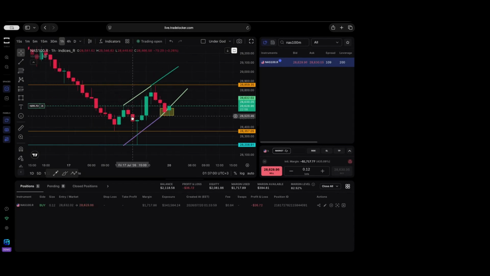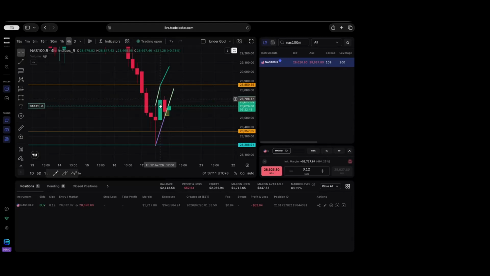And so the 1 hour gave me a lower high here and then it made a higher high. So I'm going to go with my measure for the 1 hour just because on my 4 hour, I don't have enough data here to give me the next high. But because we have this higher low here, I'm going to go with the theory that we are about to transition to PTOU.